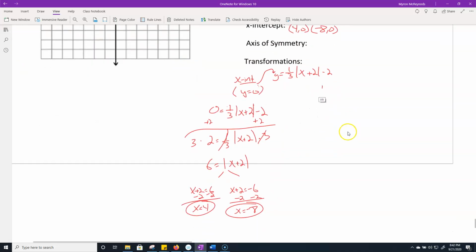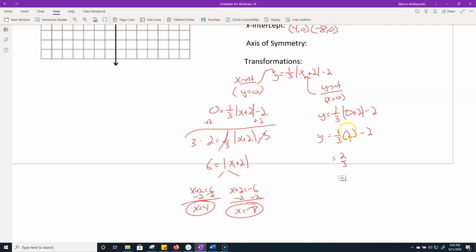Now let's do the y-intercept. And remember, for the y-intercept, you always set x equal to 0, so we're going to plug in 0 right there. So we get y equals 1/3 times the absolute value of 0 plus 2, minus 2. All right, and 0 plus 2 is 2, so I get 1/3 times 2 minus 2. 1/3 times 2, think of that as 2 over 1 and multiply it.